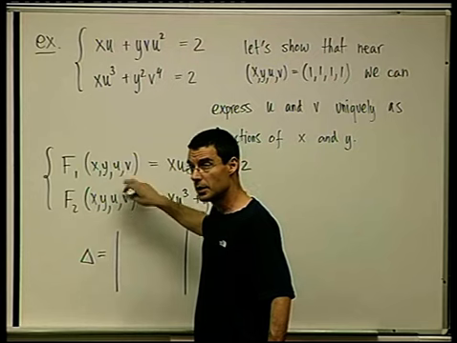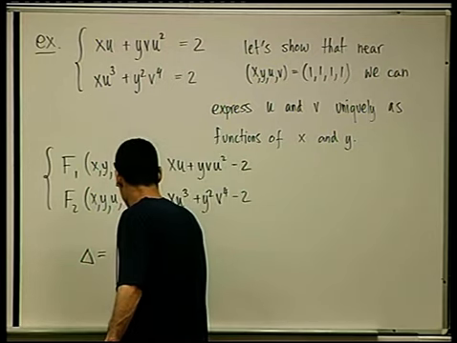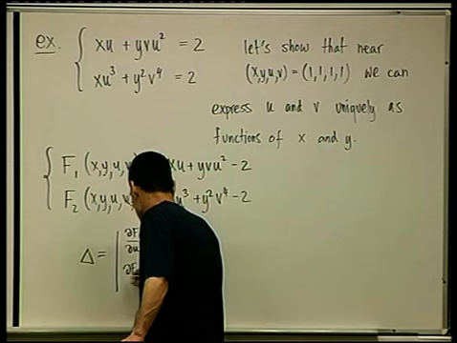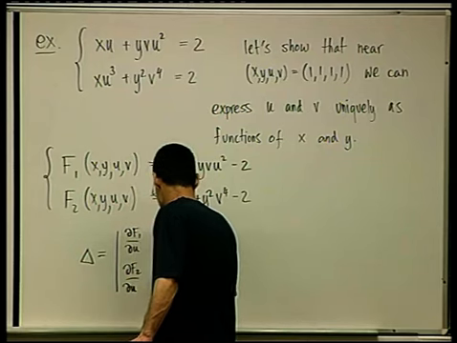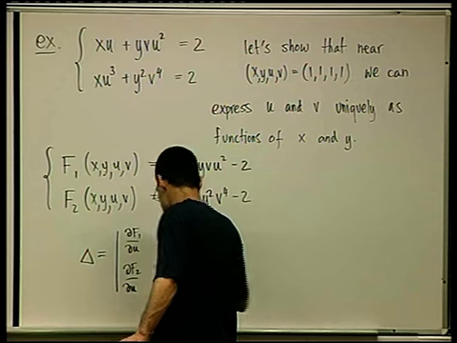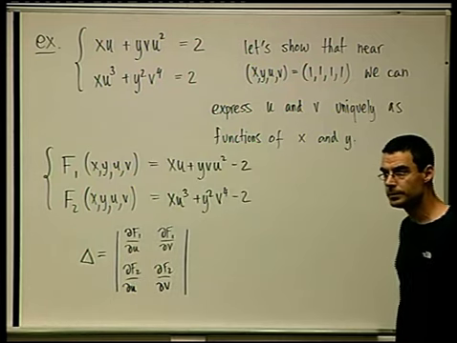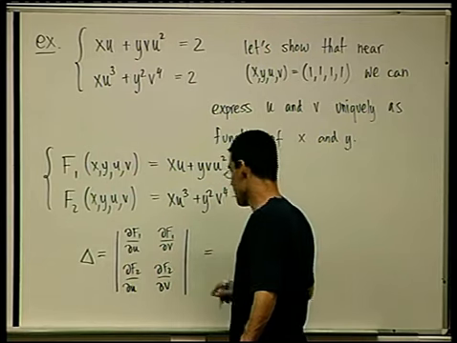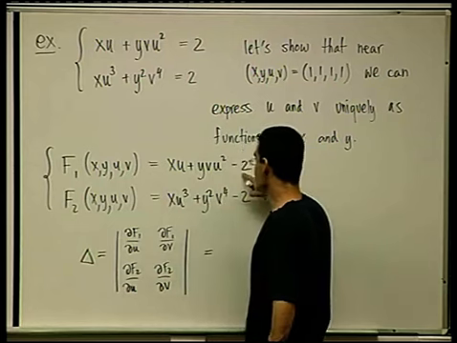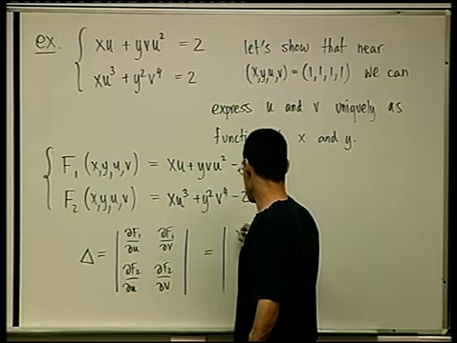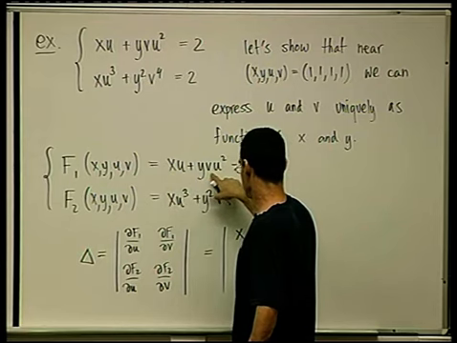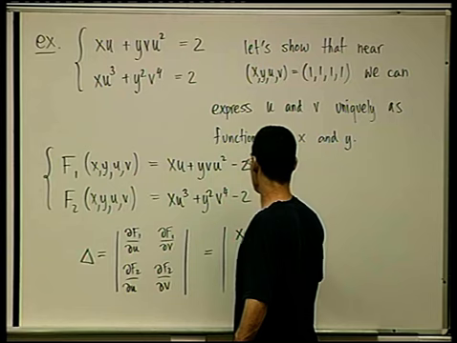Do you agree? So it's going to be df1 to du, df1 to dv, df2 to du, df2 to dv. Good? Clear? Okay, let's calculate them. What's df1 to du? It's x plus 2yvu.